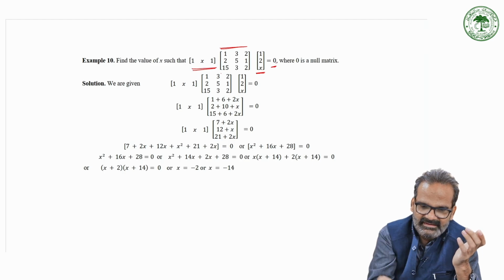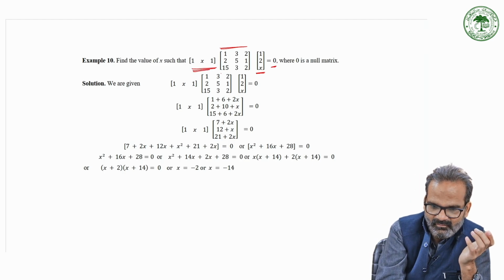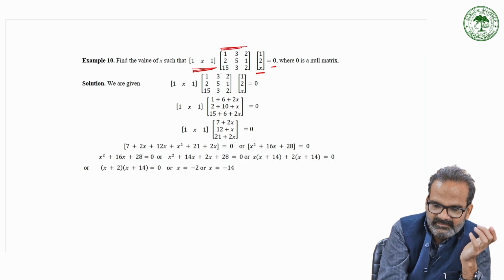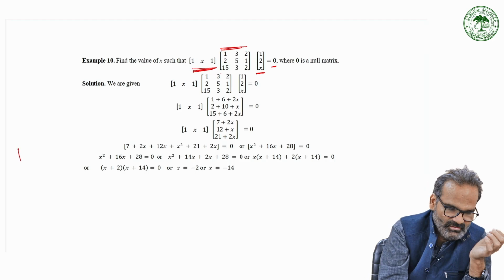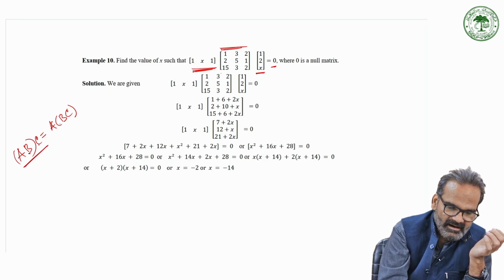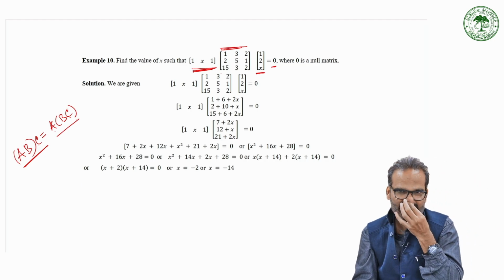Either you multiply matrix first with matrix second, then multiply matrix third, or you first multiply matrix third and matrix second, then multiply matrix 1, because we know the property (AB)C is always equal to A(BC), right? If you want to multiply three matrices, multiply AB first, then with C, or BC first, then with A. In both ways, you will get the same result, right?